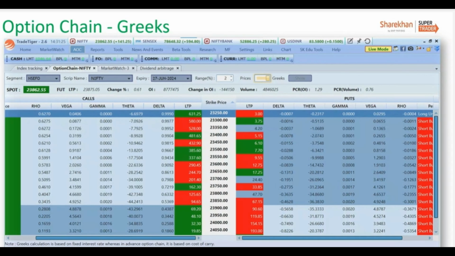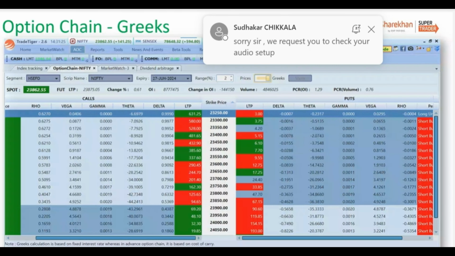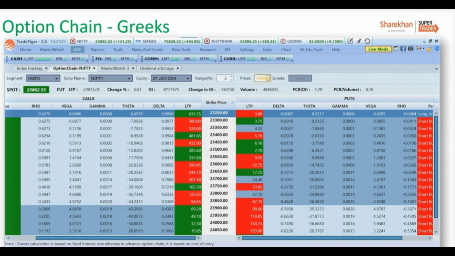Many people asked about Greeks. In respect of time we will not talk about all the Greeks. At beginning level and even at intermediate level, I say not all Greeks are equally important. The most important Greek by far, by a large margin, is something we will discuss today, which will allow you to take your trade at the earliest and with a higher probability of winning.